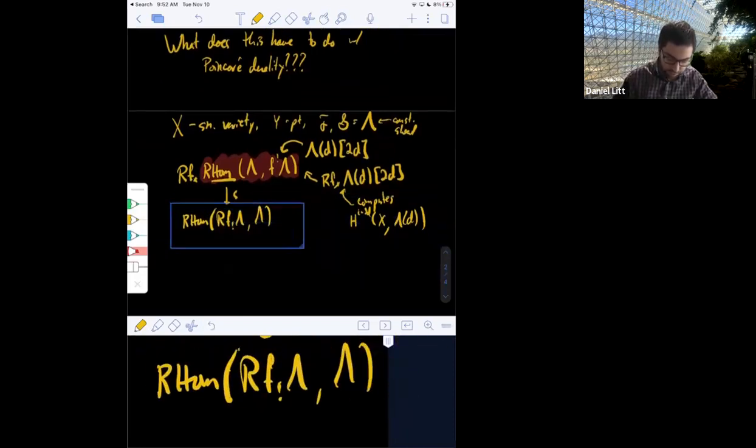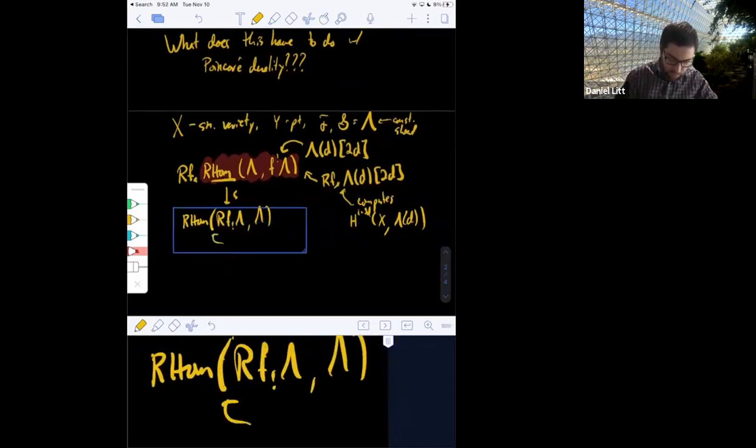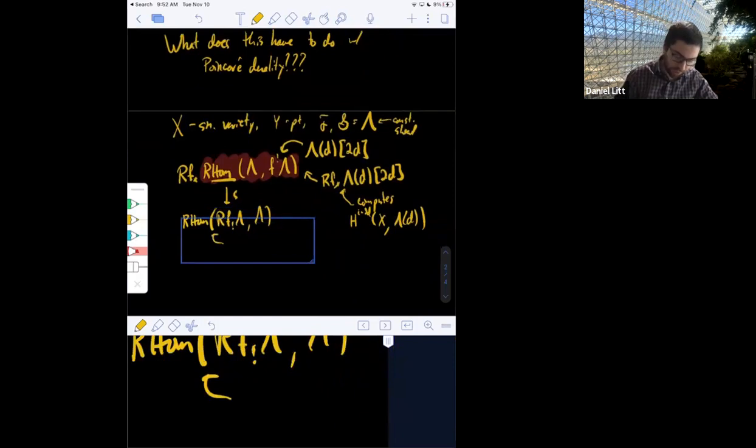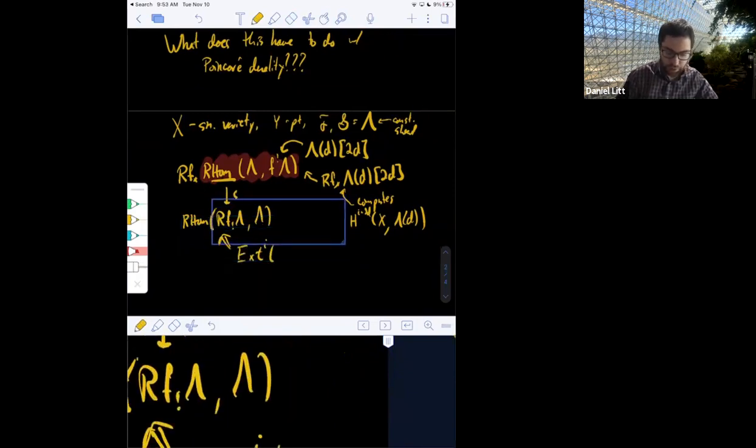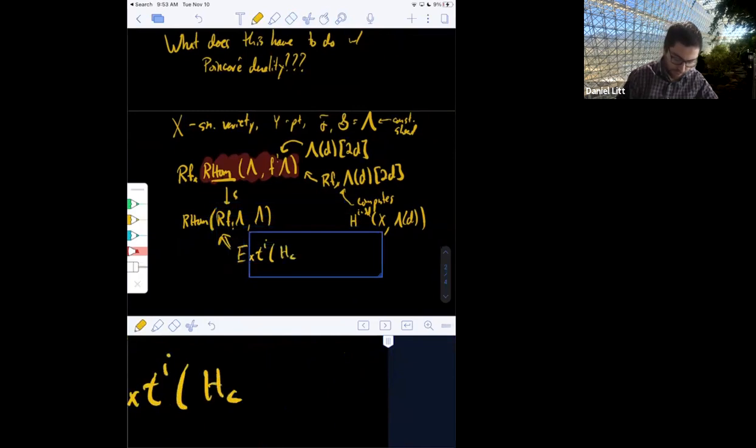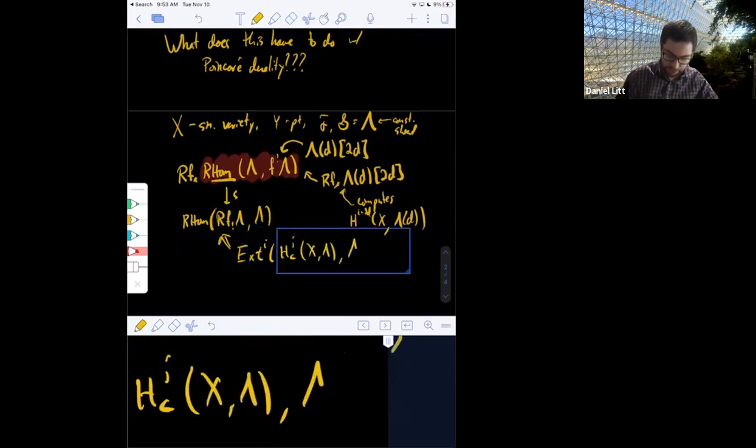So what about this thing? There's a spectral sequence computing this. R F lower shriek of lambda is just the compactly supported cohomology of X with coefficients in lambda, but then we're mapping that into lambda.